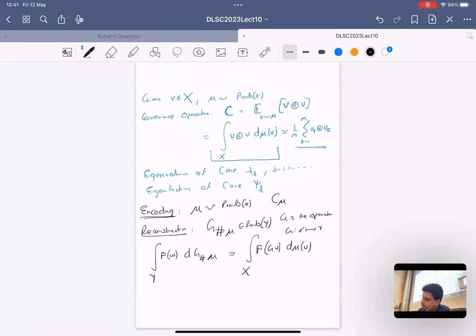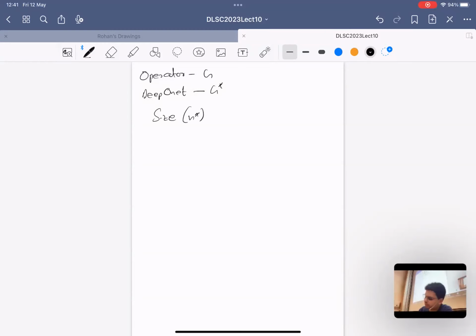The operator that you want to approximate is given by G. The DeepONet that is doing the approximation is called G star. And then the size of G star, this is given by the size of the trunk net, the size of the branch net, and so on. This scales in the following manner: e to the power minus m of epsilon by k.